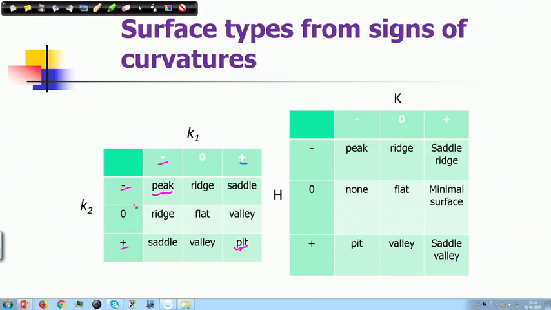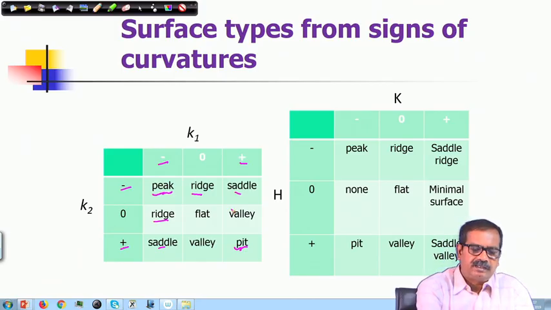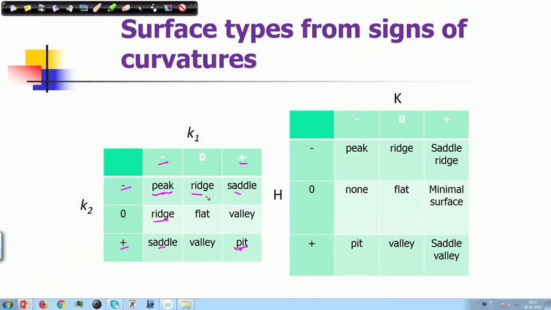They have almost symmetric relationships in this case. You have ridge, ridge, saddle, saddle. It does not matter in which direction it is negative or positive, the local surfaces will be symmetric. This property can be described in the form of a symmetric matrix.